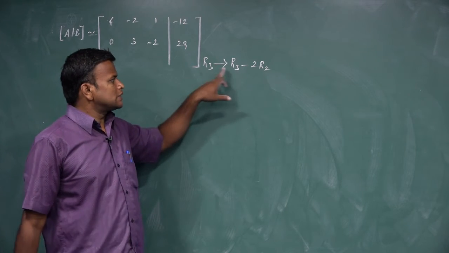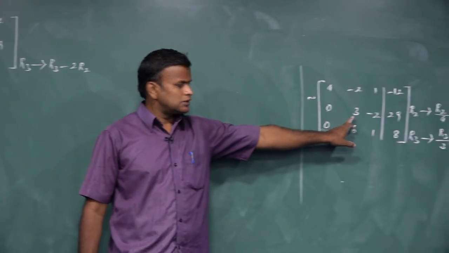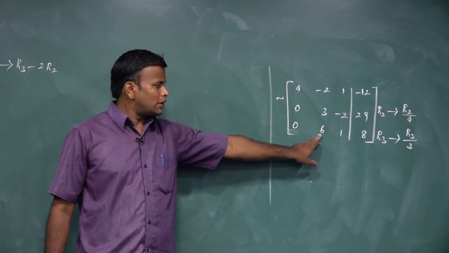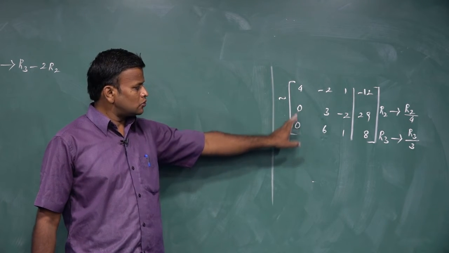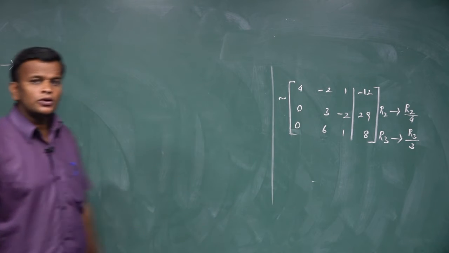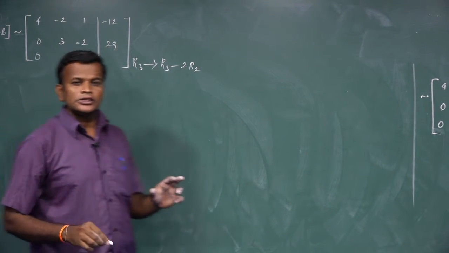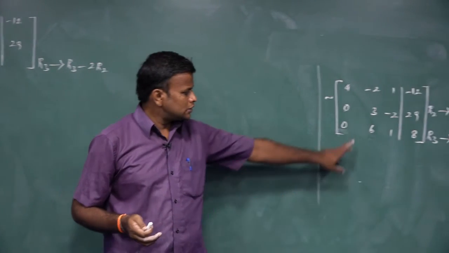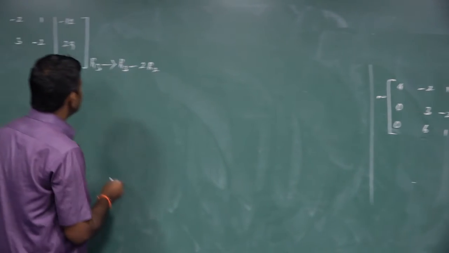We write R3 as R3 minus 2 R2 because 6, 3 is there. So the first number is no problem because both numbers are 0, so that element is always 0. And the second element is also 0, because 2 3s are 6, and 6 minus 6 is 0.